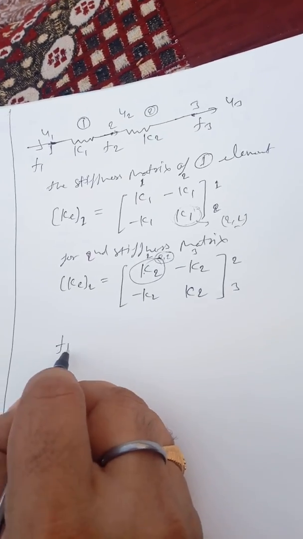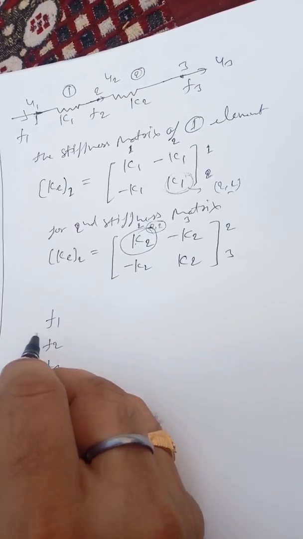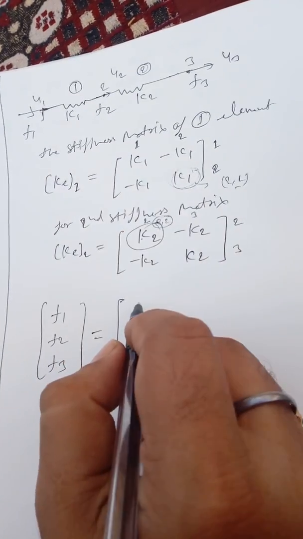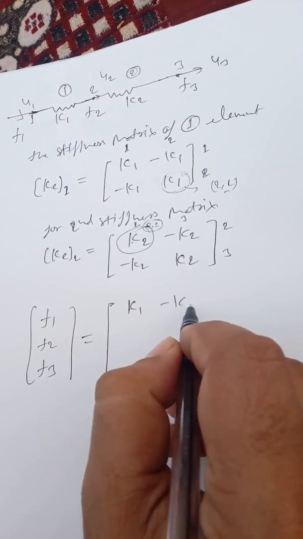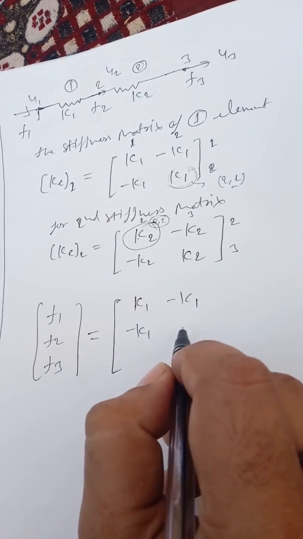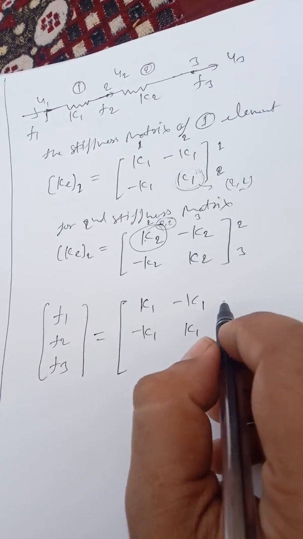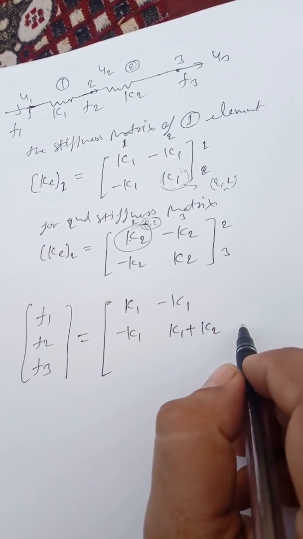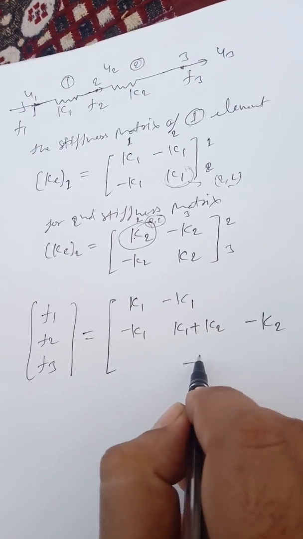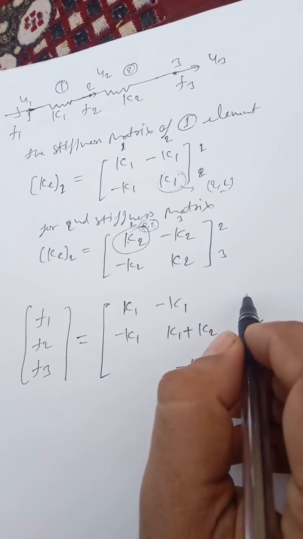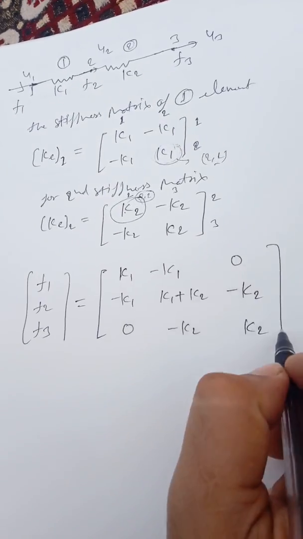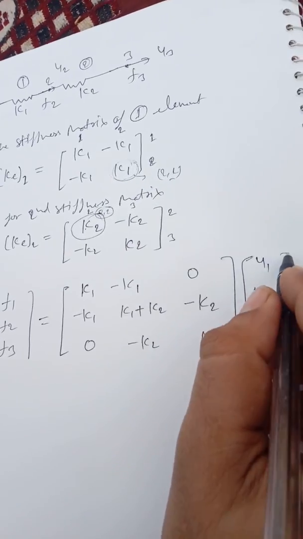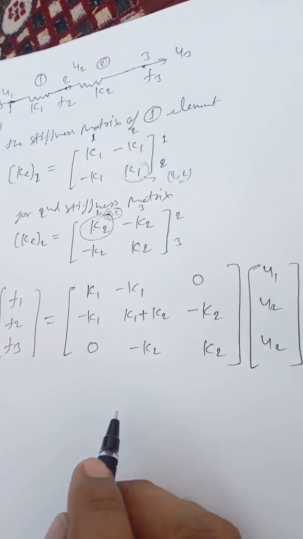So again we are using a global stiffness matrix. As we know, F1, F2, F3 is equal to, first row K1, minus K1, 0; second row minus K1, K1 plus K2, minus K2; third row 0, minus K2, K2; multiplied by U1, U2, U3.